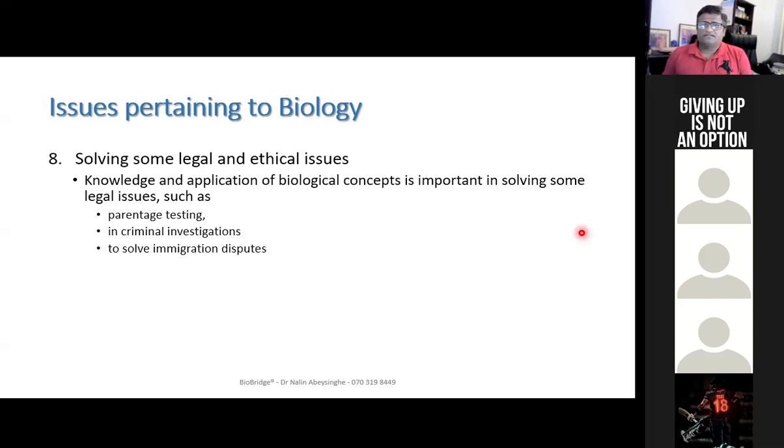If that person, we call him or her A, and there are suspected people around, we call them B, C, D, E. So you take a sample of blood from which you can extract that person's DNA, and a sample of blood or whatever cells contain DNA from B, C, D, E, and you can match them.